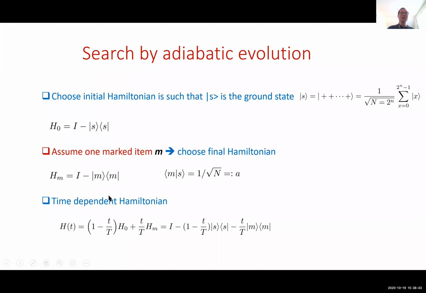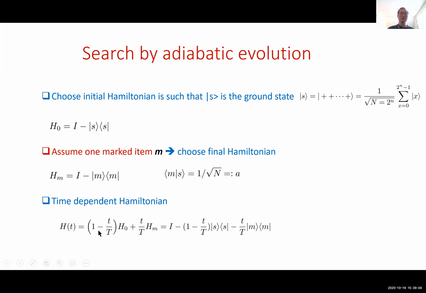So the time-dependent Hamiltonian, as I said earlier, we're going to interpolate between the initial projector down to the S, and the final projector down to the M with a minus sign. We're going to add these. So we can ignore these identities.